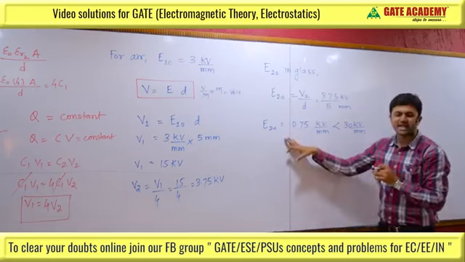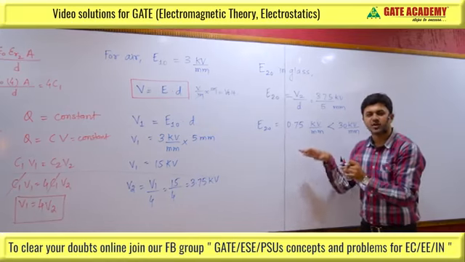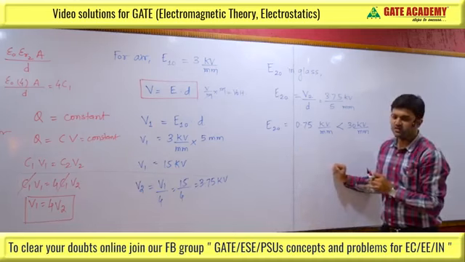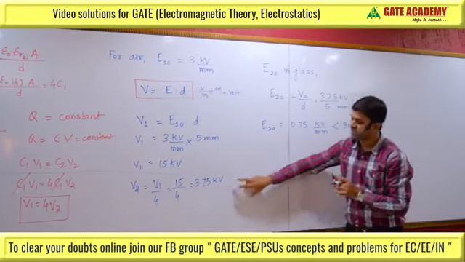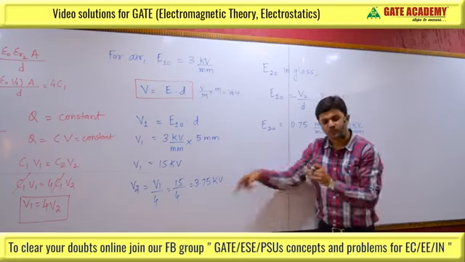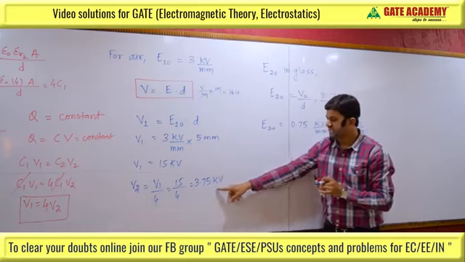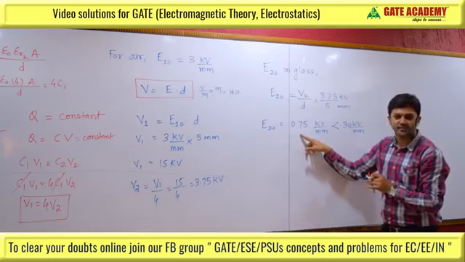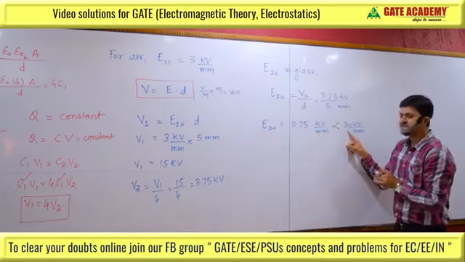So it means that the second capacitance will also not go into breakdown, because if we consider this as voltage across that capacitance, then the corresponding electric field is 0.75, which is less than 30.